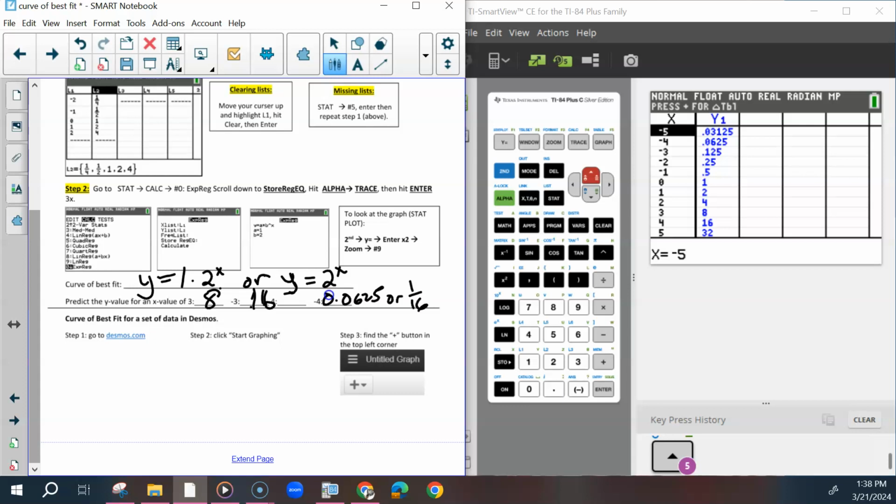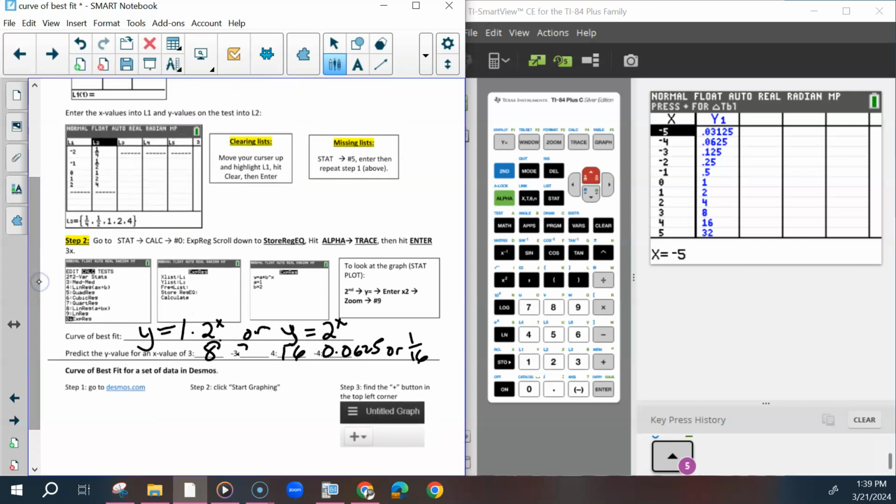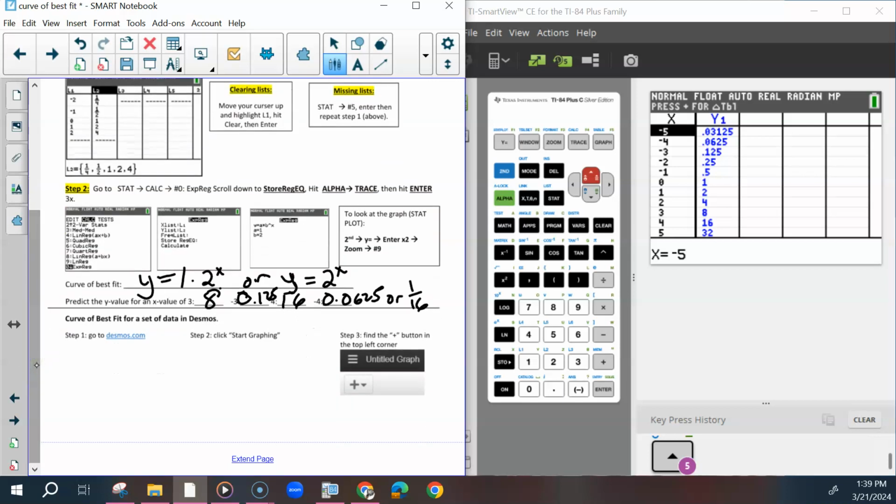And when x is -3, it's 0.125, or 1/8. And that is how we find the curve of best fit for an exponential function, and how you can use the calculator to find other values.